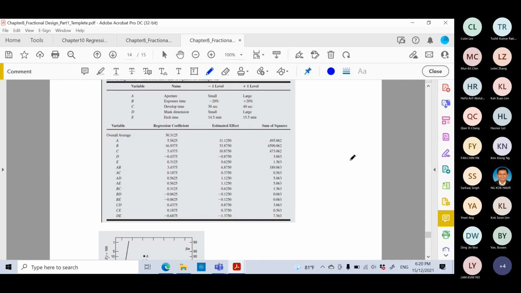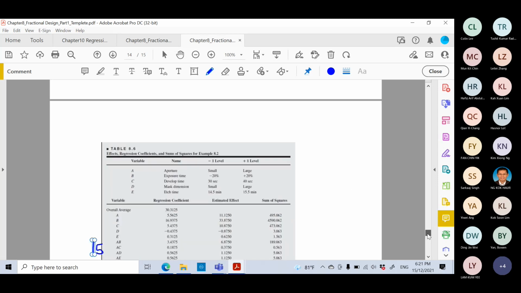All the effects will be calculated here. Of course, you have 1, 2, 3, 4, 5, 6, 7, 8, 9, 10, 11, 12, 13, 14, 15. You have 15 of them. Why only 15 of them?